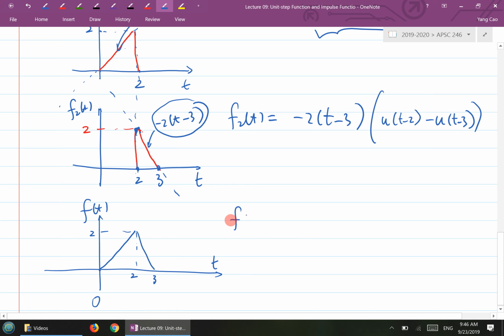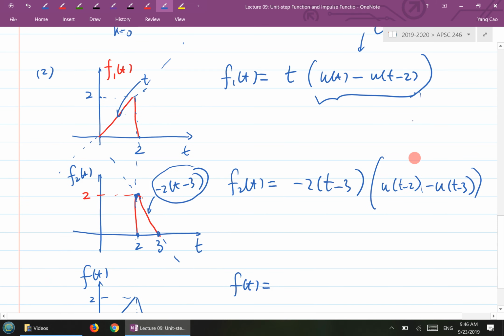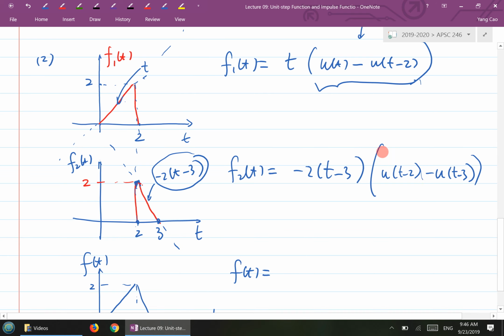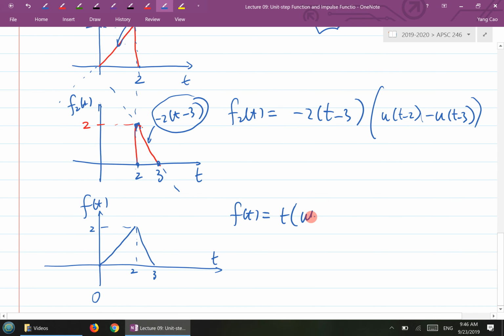However, as we have just learned, you can simply add these two things together to represent this triangular curve. So that gives you t times u of t minus u of t minus 2, and then minus 2 times t minus 3, u of t minus 2 minus u of t minus 3.